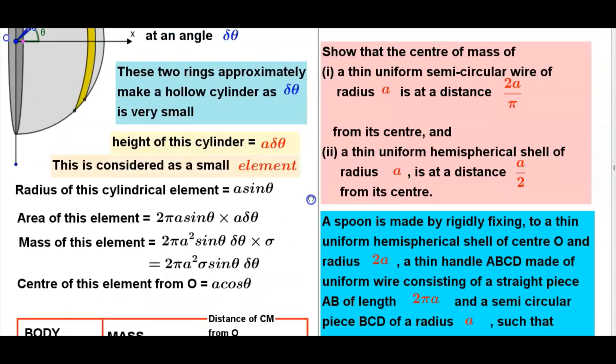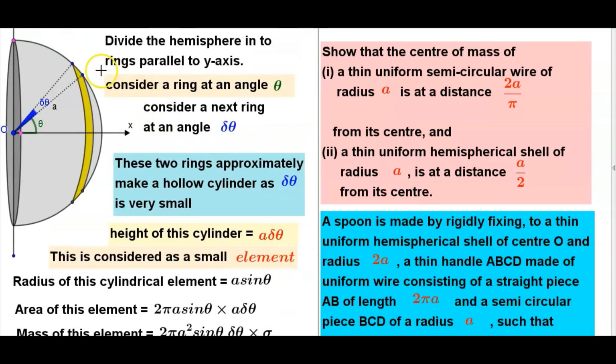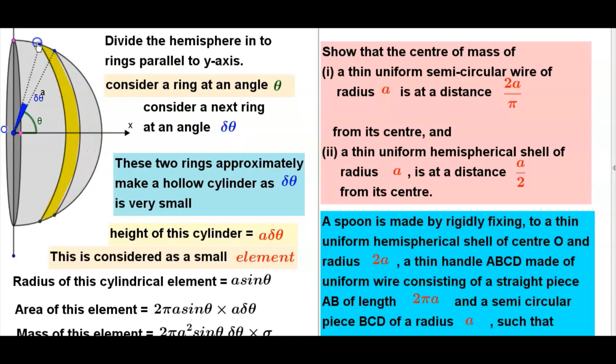Cylinders are possible from, as we already know, the first cylinder at an angle 0, and the last cylinder at an angle pi by 2.